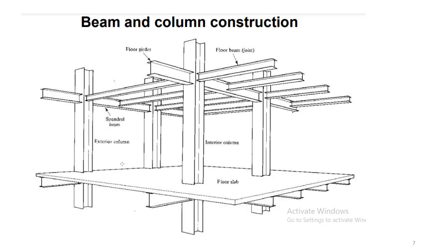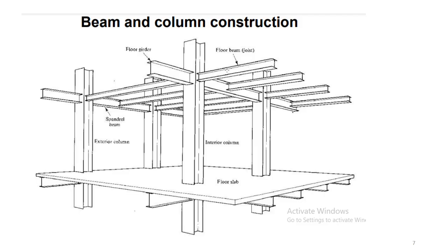In construction we can see some beams and columns. Floor beams, which we call joists, have lesser dimensions; compared with other beams, these have very little depth.